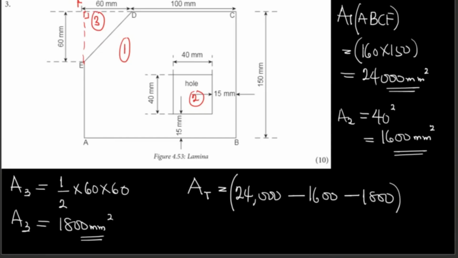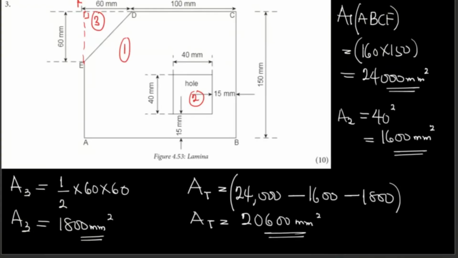You do that here. You can also do that as well. You still get the same answer, but you can do it while you are calculating the total area. Okay, now we have the total area, and then we have our A1, A2, A3.